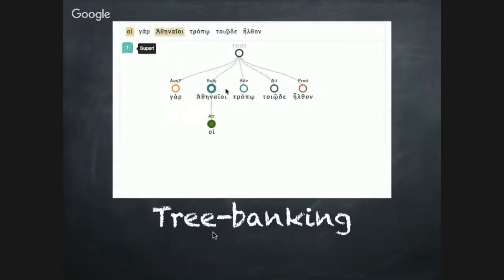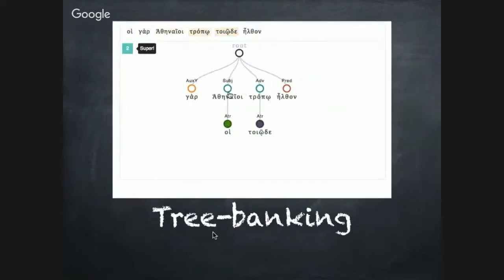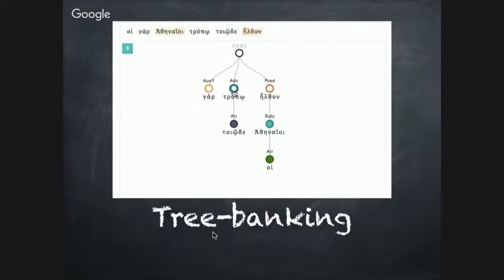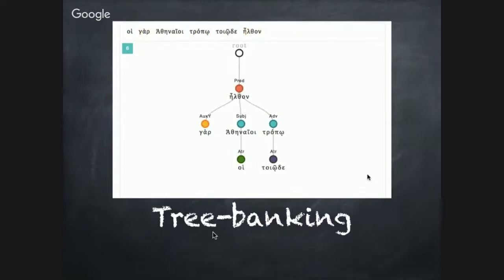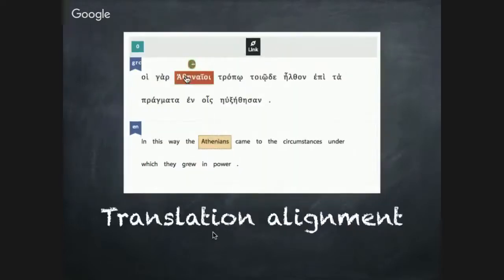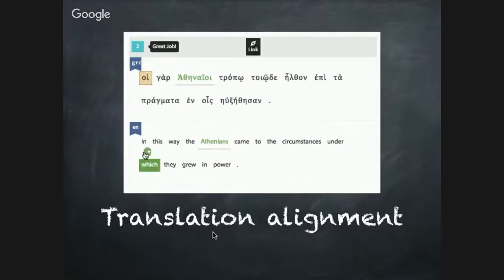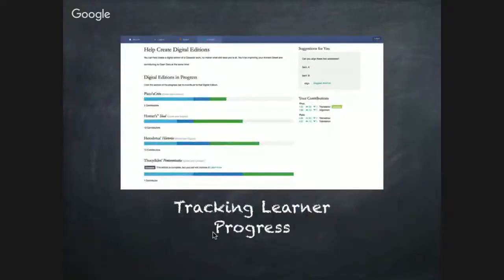We incorporated things like tree banking into Phaedra itself. And you could test yourself on tree banking. You can morphosyntactically annotate the text. We had translation alignment and testing translation alignment and trying to give the user direct feedback if they have aligned correctly. And we could track the learners' and the annotators' progress in doing all of this.